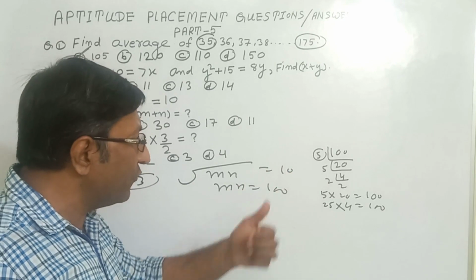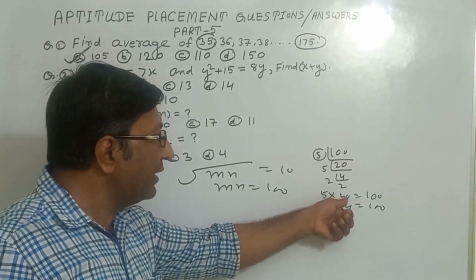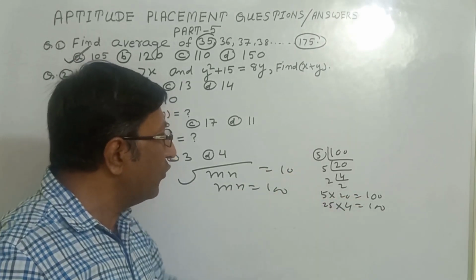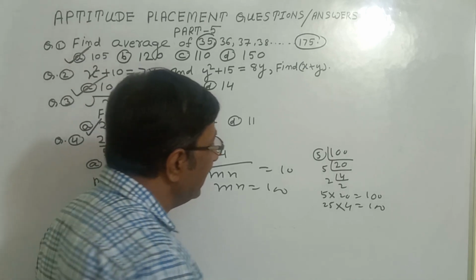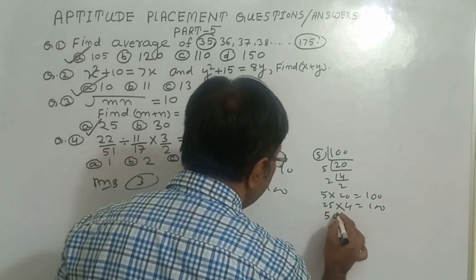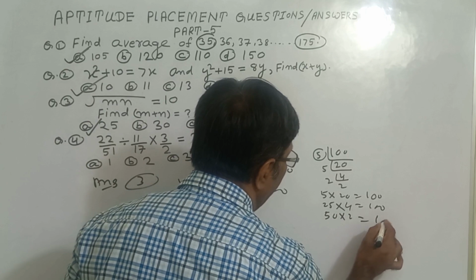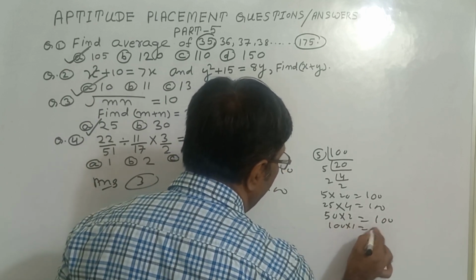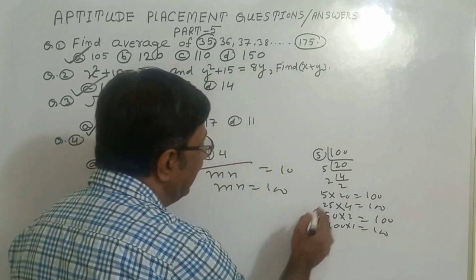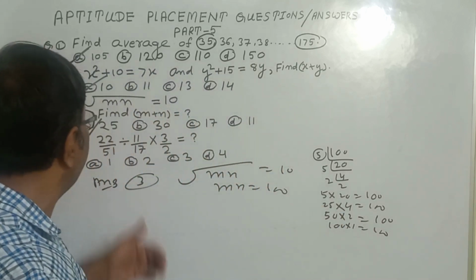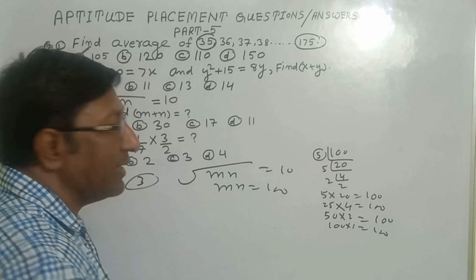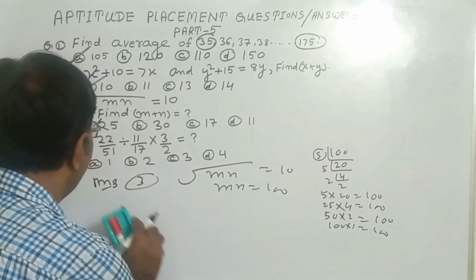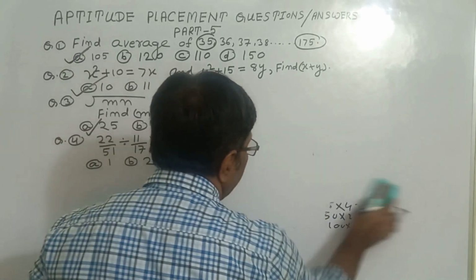So there are lots of pairs: 5 into 20 is 100, 25 into 4 is 100, 50 into 2 is also 100, and 100 into 1 is also 100. When we add 5 plus 20, we get 25. So our correct answer is 25.